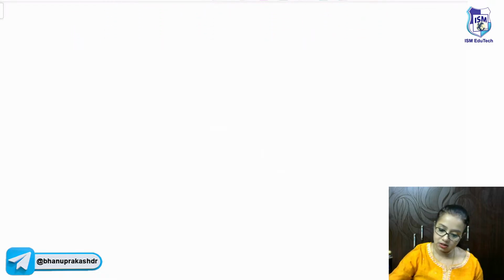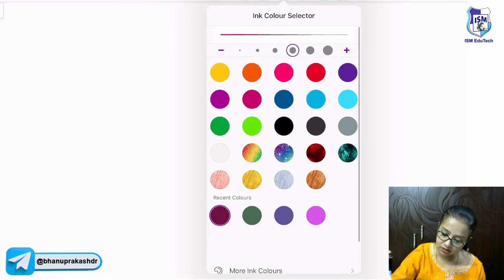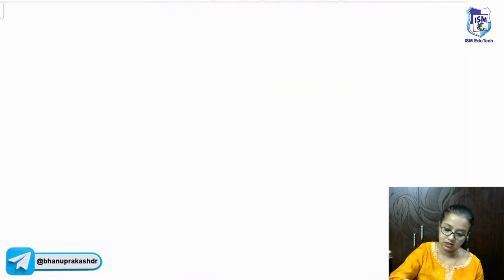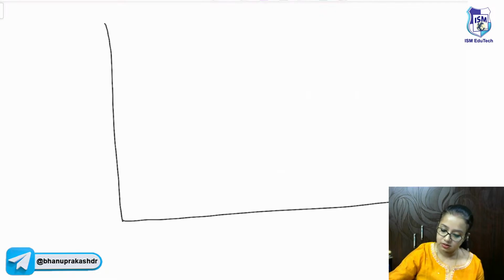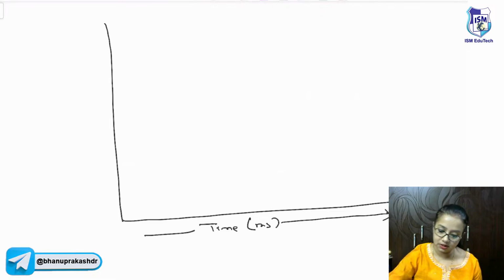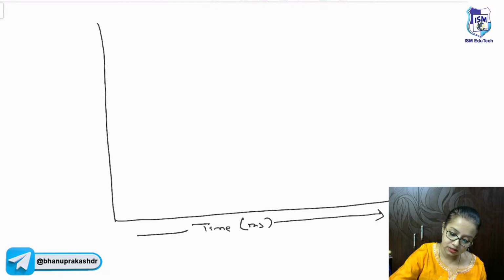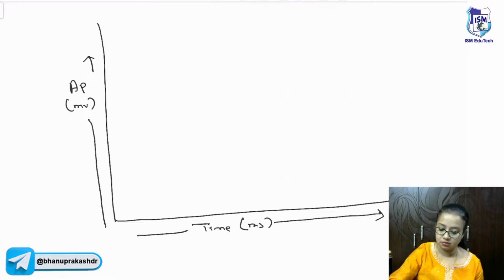So now, if we are drawing the action potential, this is on the x-axis, time in millisecond, and this is the action potential amplitude in millivolt.